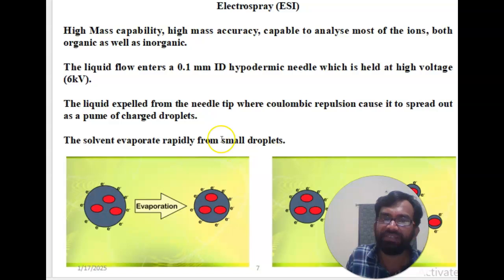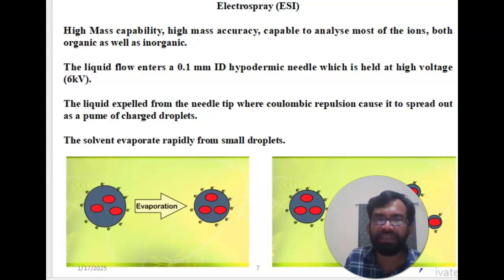Now you can see what electrospray, ESI, is. Electrospray means high mass capability and high mass accuracy, and it is capable of analyzing most ions, both organic as well as inorganic compounds.